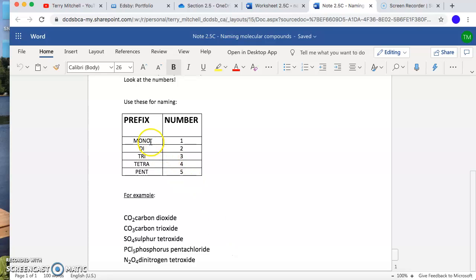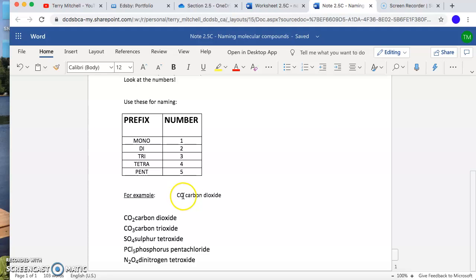Now, when do we use mono? If we had carbon monoxide, I think I can actually type on here, it would look like CO. This is carbon, and that's a carbon. So C, carbon.